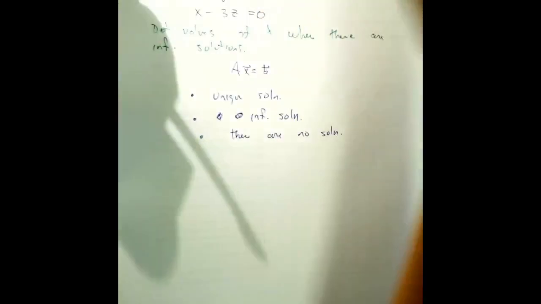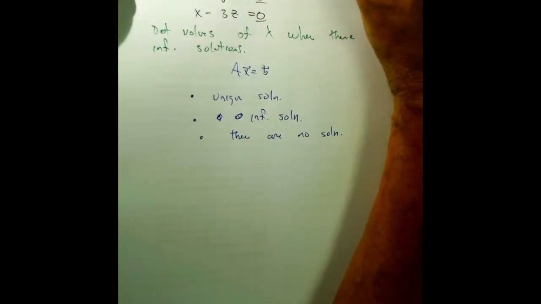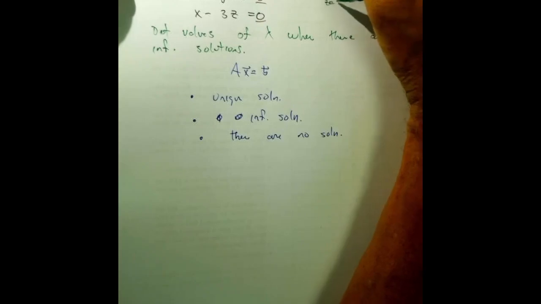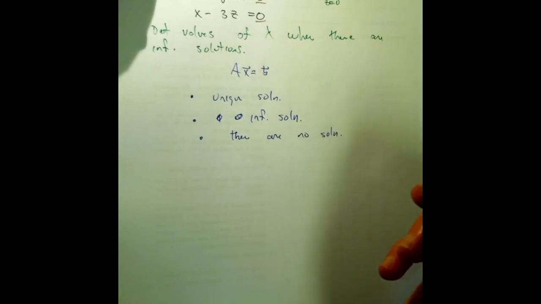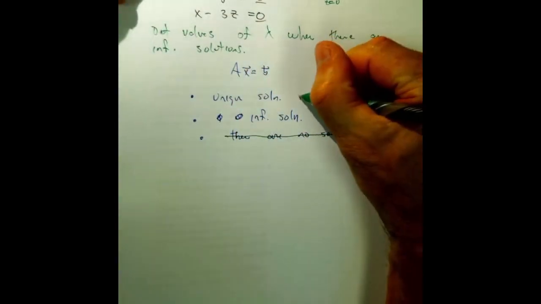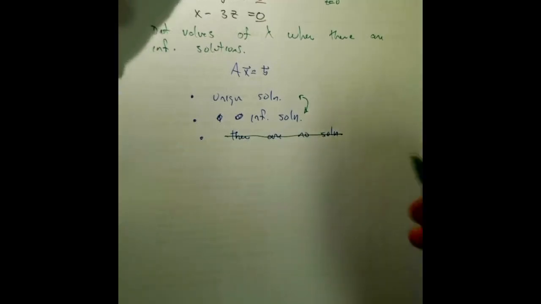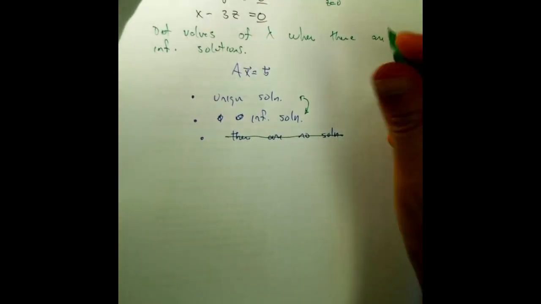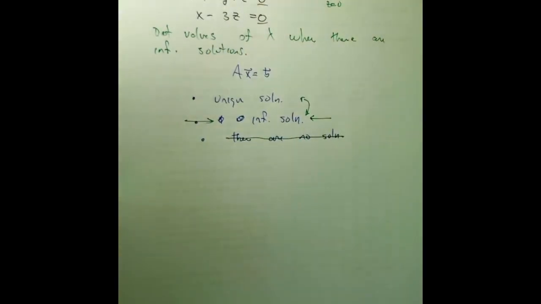In this example here, because I've got all zeros, if I let x equals 0, y equals 0, z equals 0, then that's satisfied. So I can get rid of that option, and I now only have two possibilities. Either there's a unique solution or there are infinite solutions. And so the question now is, how do I ensure that this is the case?